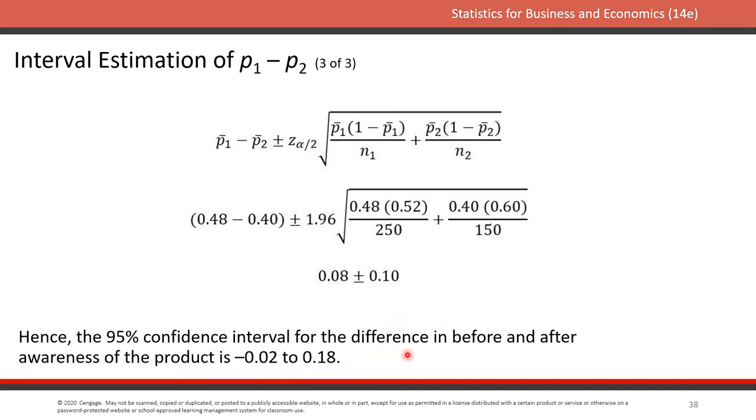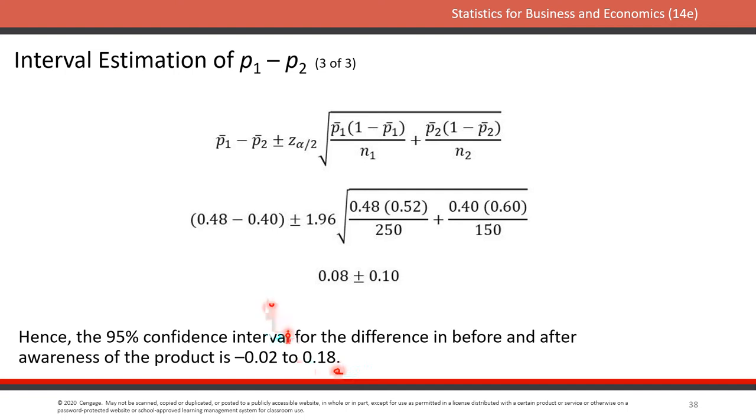First of all, I want to notice here that if somebody says your campaign did absolutely nothing based on this interval, well, a zero change is somewhere in this interval. It's somewhere between negative 0.02 and positive 0.18.